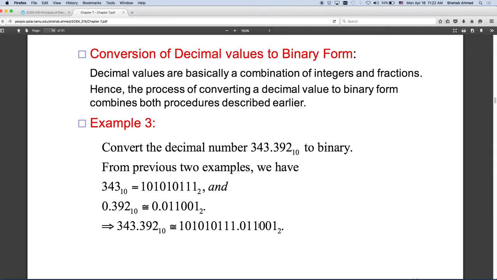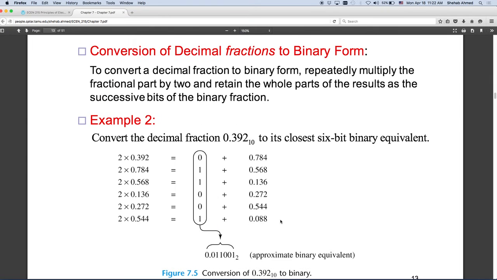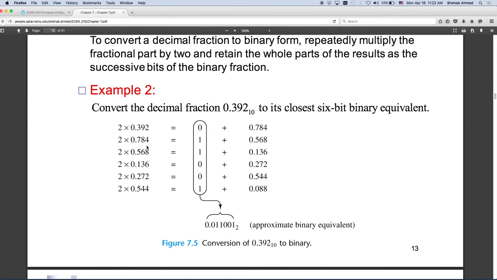I would have to stop earlier on the decimal portion. And remember, the decimal here, we were multiplying by 2 and taking these numbers to represent the decimal portion. And we were stopping based on how many bits. If I stop earlier, that means I'm using fewer bits to represent the number, which means the resolution of that number is less. Right? So that's a compromise that you'll have to work with.